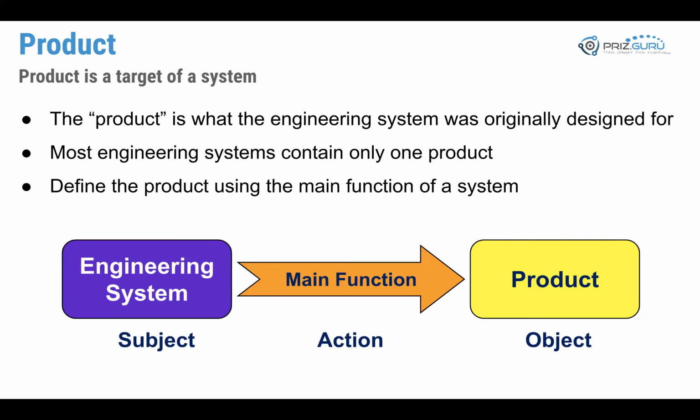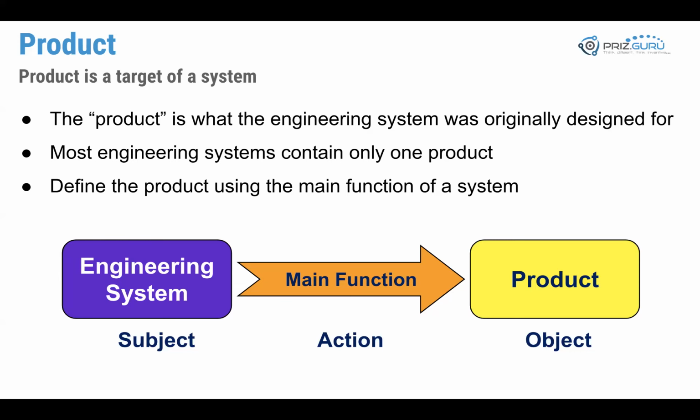Clean surface is a function. This is the main function. Clean surfaces, object surfaces. This is a product. The parts, surface, clothes, or if we look at the washing machine as something that removes dirt, right? Then the product becomes the dirt.